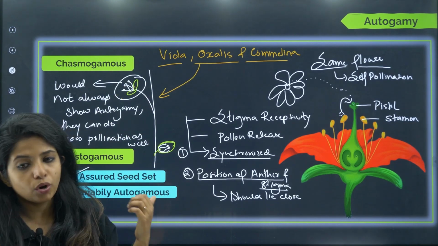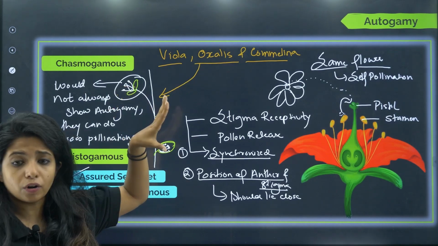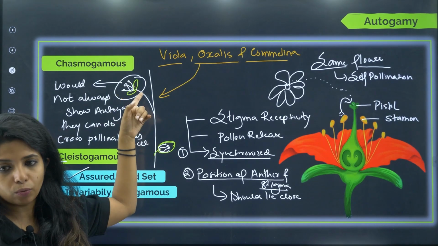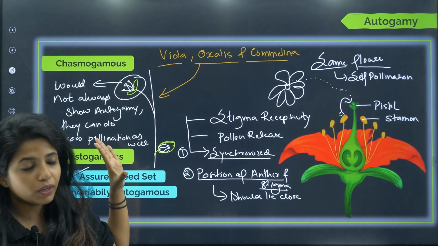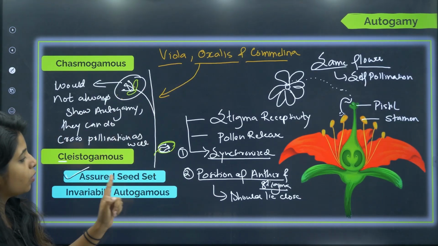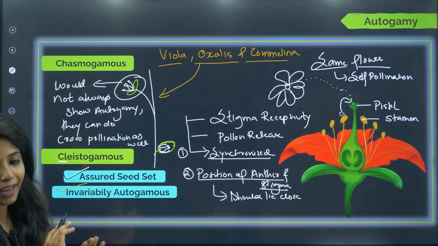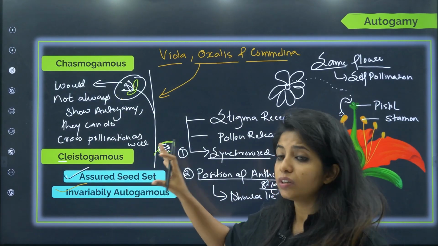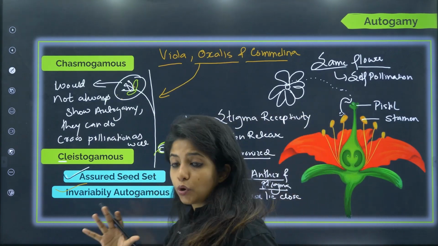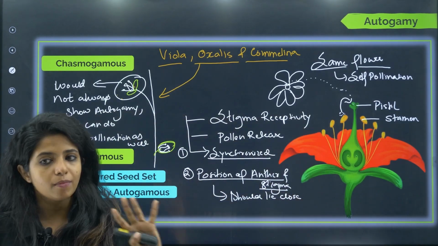So, obviously they do not have an option, they will definitely do it. Next thing, invariably autogamous. I cannot do anything, they will obviously be autogamous anytime. So, that is what you mean by invariably autogamous, and these terms are very important for your exams as well. With this you can get so many questions you can never imagine.